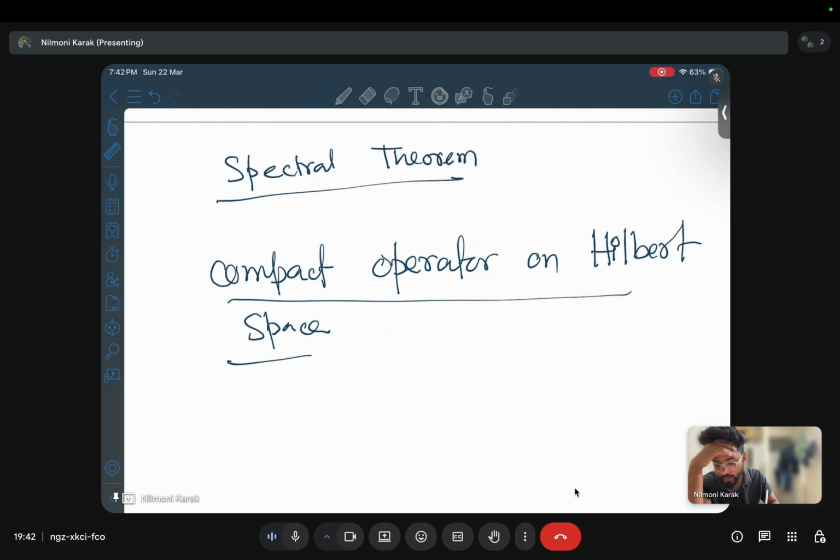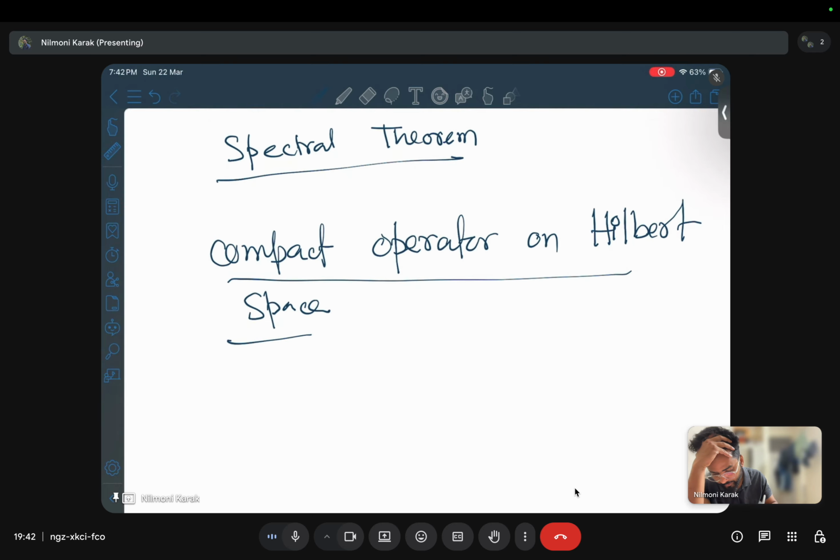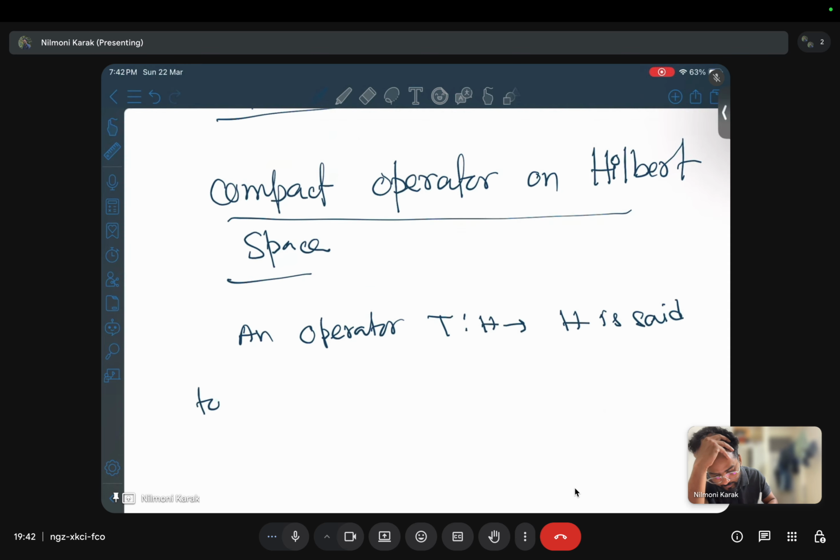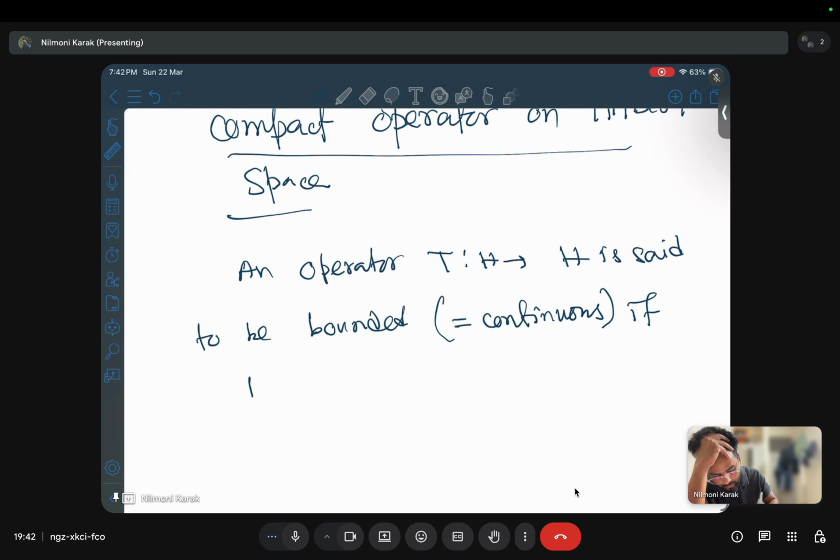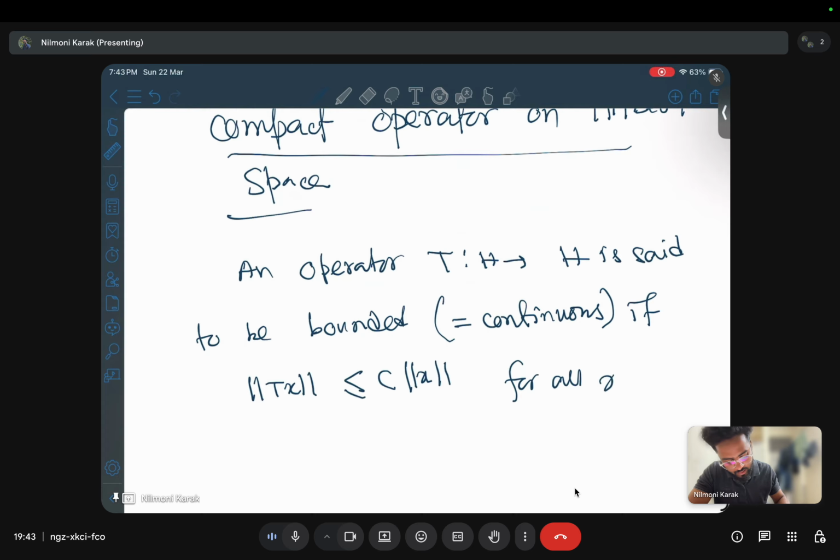Recall the definition of a bounded operator. An operator T from H to H is said to be bounded, continuous, if the inequality holds for all x belongs to H.